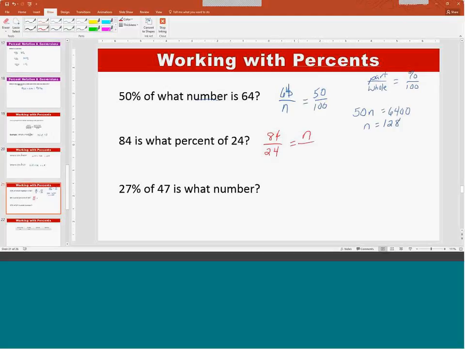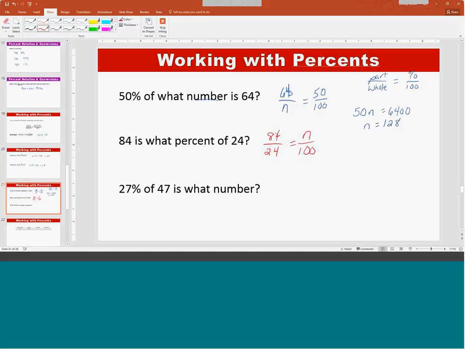We don't know the percent, so we put it over 100. The whole, the "of" part, is your whole value, which becomes your denominator. And the "is" part is in your numerator. That's the given value after you multiply it by this percent.